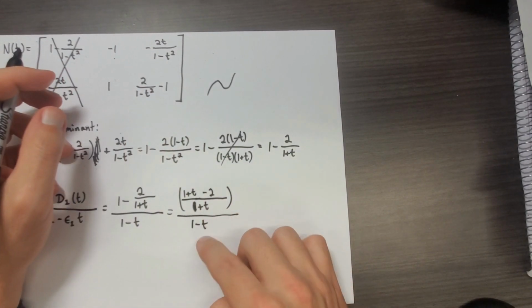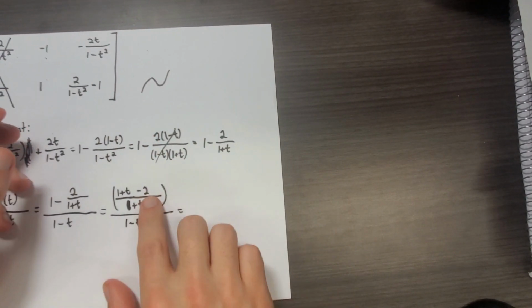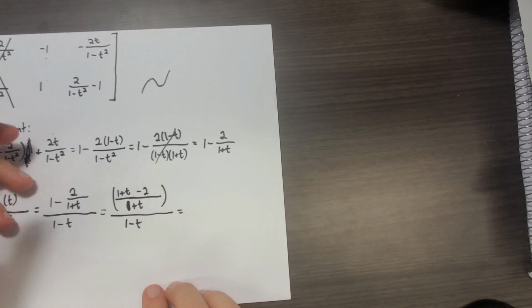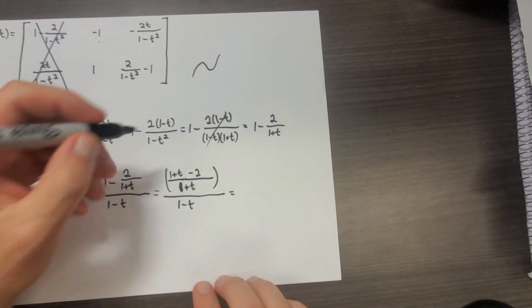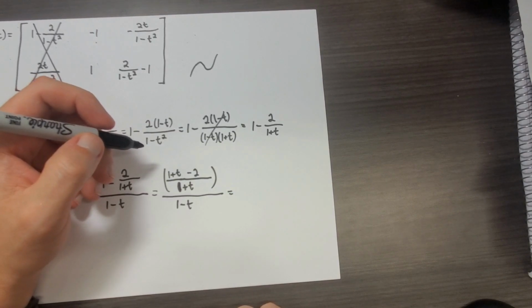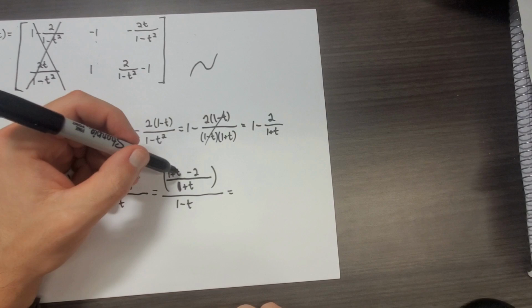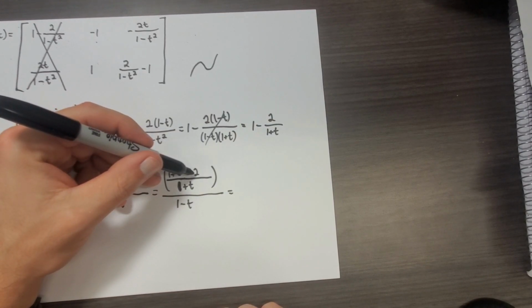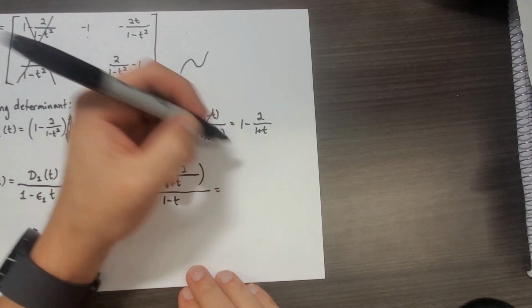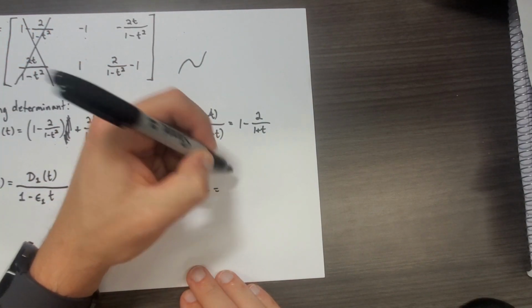And again, I can combine these two to get 1 minus t squared. And I can do that subtraction to get t minus 1. So actually the numerator is going to cancel with this denominator here. So that's going to be, what, t minus 1. Which I'll write as negative 1 minus t.